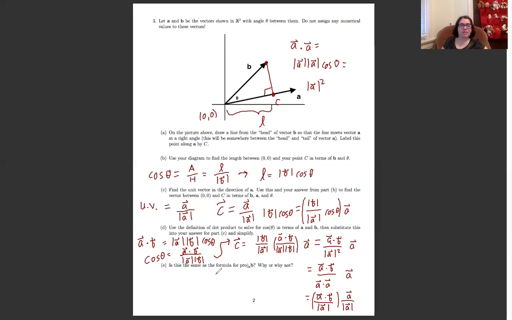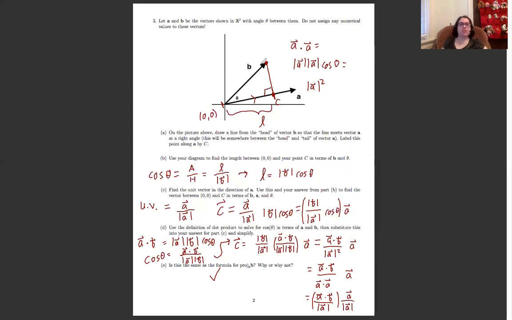And so is this the same as the formula for projection? Yes. Now, why is that true? Well, remember that projection is supposed to be measuring, we think of it sort of as casting a shadow. So it does make sense that this new vector C that only goes from 0, 0 to the point C is sort of the shadow that B casts onto A. We can also think of projection as the amount that B goes in the A direction.